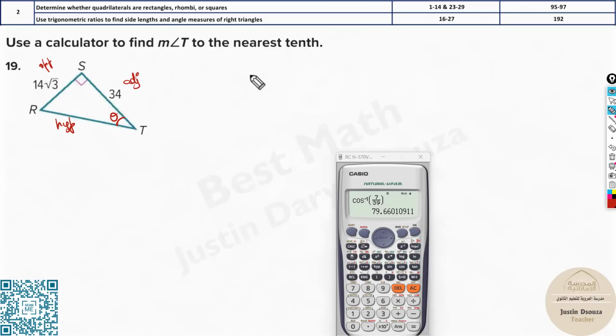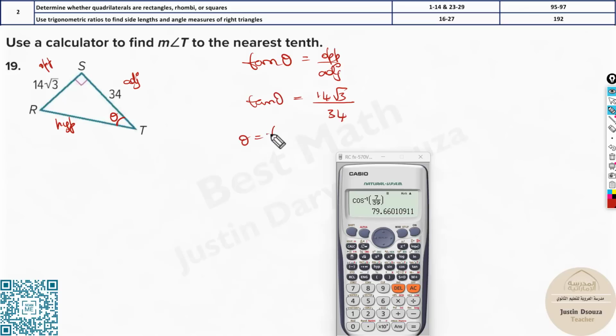So now we need to remember which formula gives you opposite and adjacent. If there is no hypotenuse, then it's only tan theta. So tan theta is equal to opposite by adjacent. And over here, opposite is 14 root 3 divided by 34. That is tan theta.